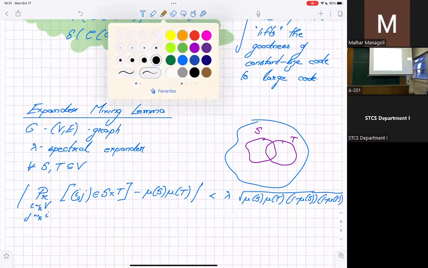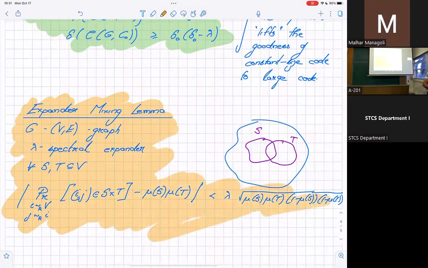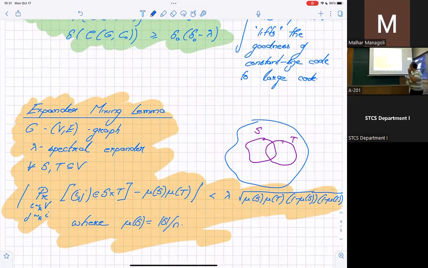So what's exactly the quantity mu? Mu is just the density of S, the size of S divided by the total number of vertices, where mu of S is the size of S over n. The reason I'm stating it this way is that this is also true for weighted graphs, where mu is not size of S by n.